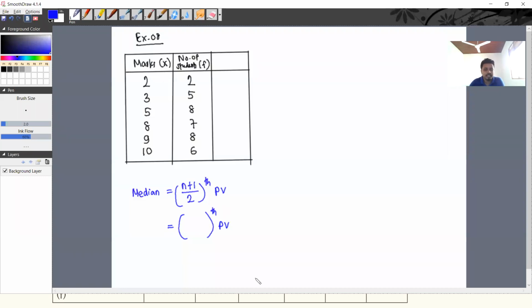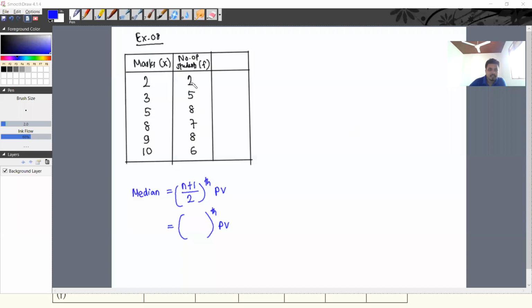What is the value of n here? Nilisha, what is the value of n? Or how many observations we have here? Is it 6 or is it something else? අපිට තියෙන observations 6ක් විතරද? Yes, that is 36, right?